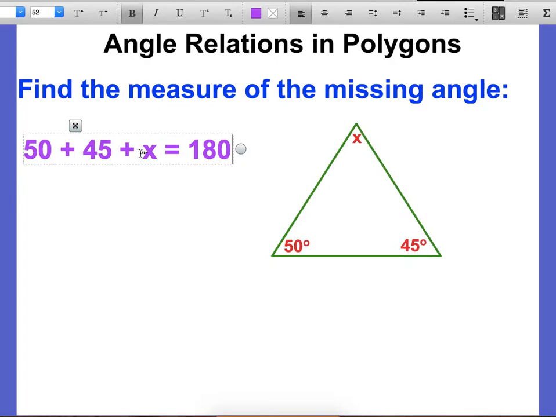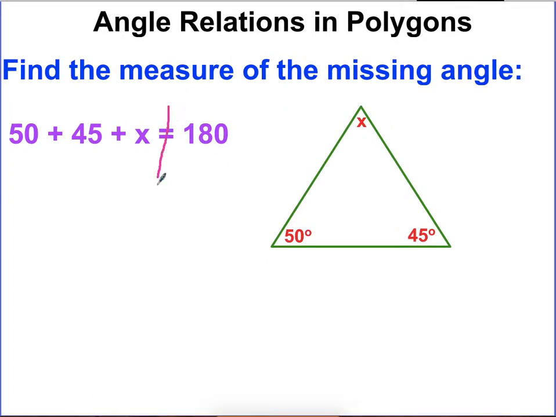So let's go ahead and solve. I'm going to draw a line down the equal sign, and this should look similar to solving equations for unknowns. The difference here is we have a step: 50 plus 45, we do that first, so we get 95, and then I rewrite the rest. Plus x equals 180. Remember to do inverse operations.